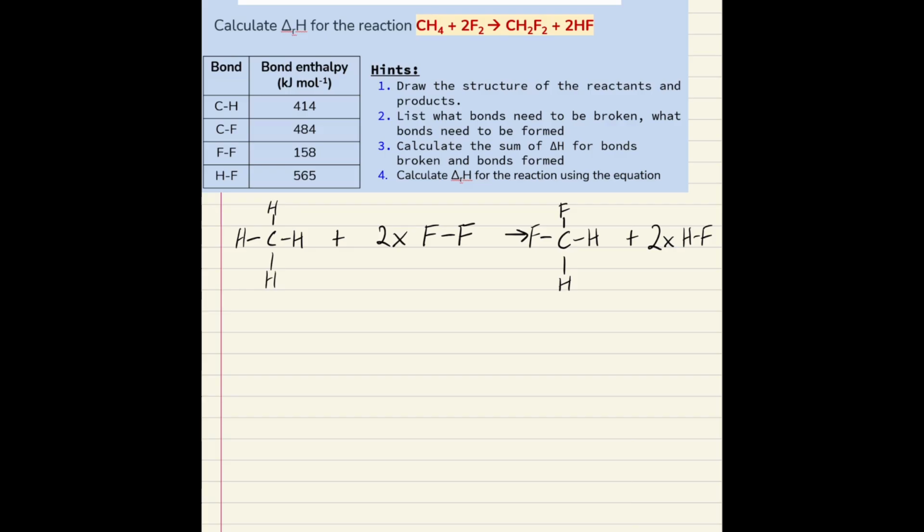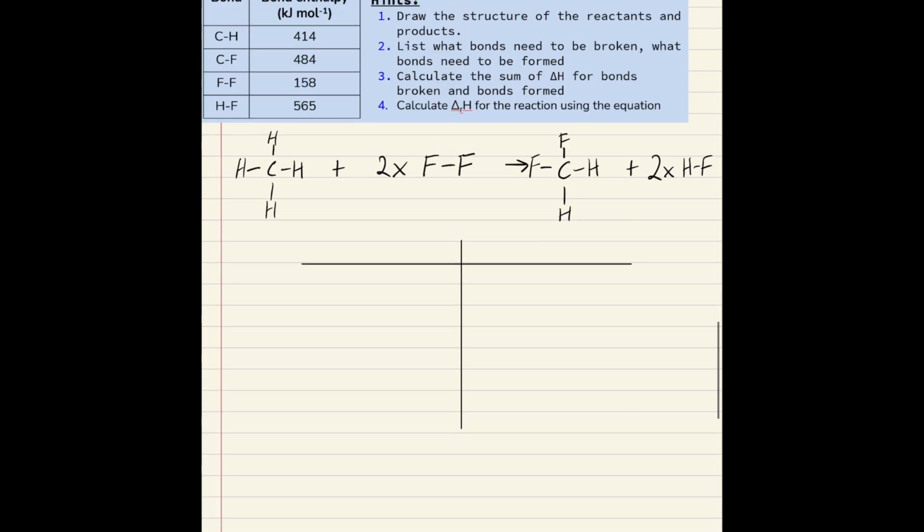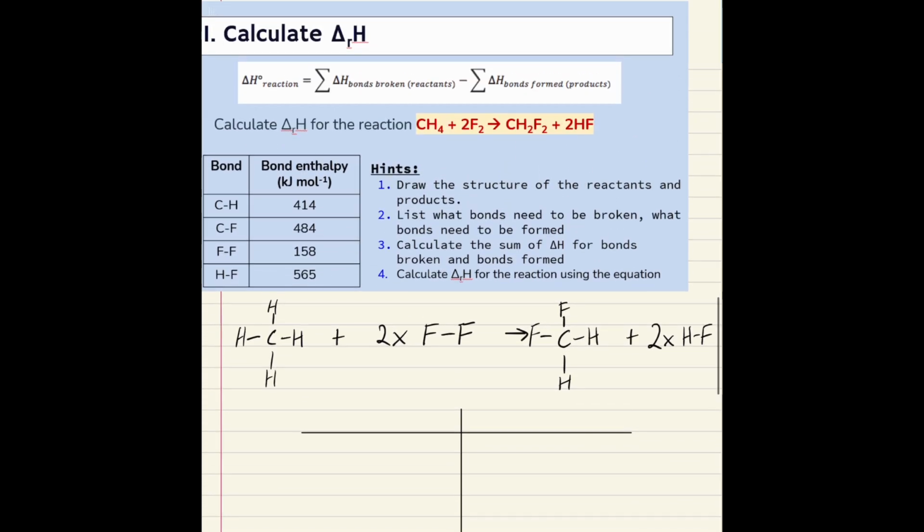Essentially, you should always make a table. On the left-hand side, I'm going to put what's on the left-hand side of my equation, so I'm looking at the bonds broken.